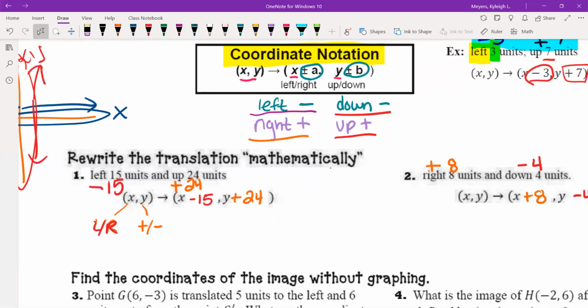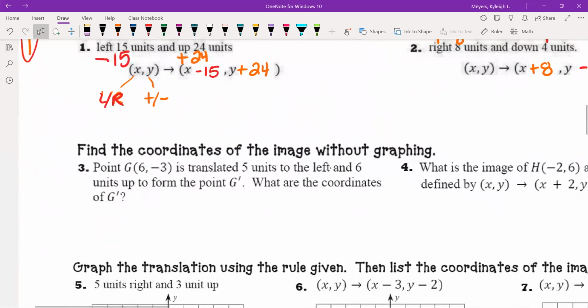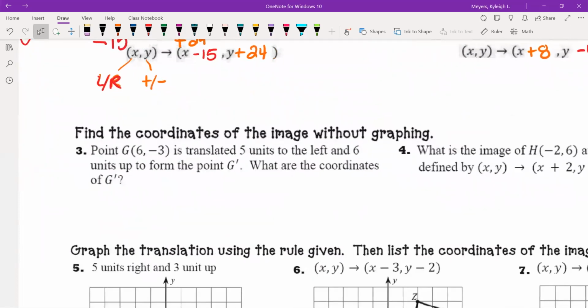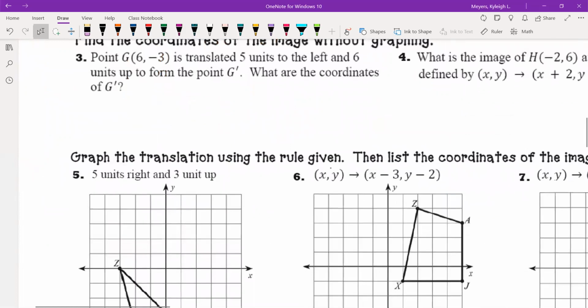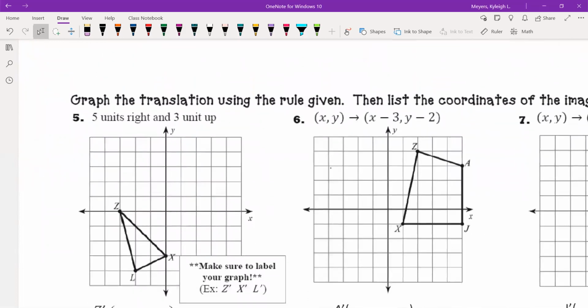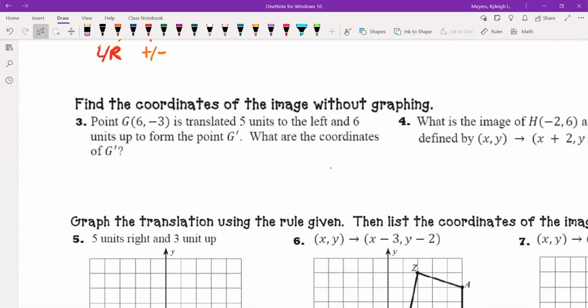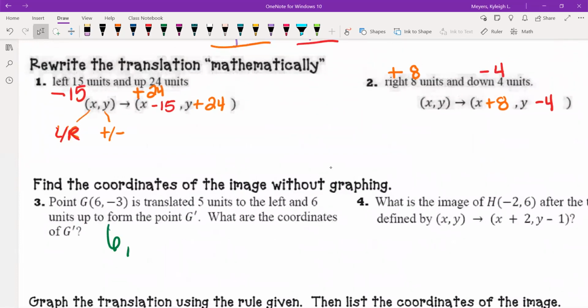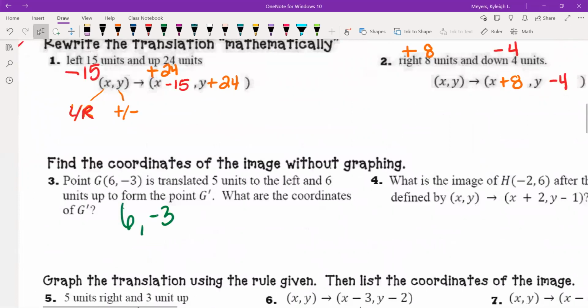So now we are going to find the coordinates of an image without graphing. Normally, like in the next example, we would have a graph and you'd have to move it based on what it's given you. But we're going to do it without the graph this time. So we have a point that's 6 comma -3, right?